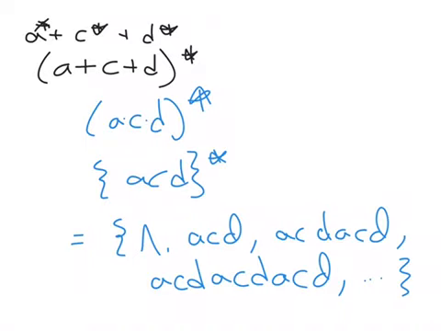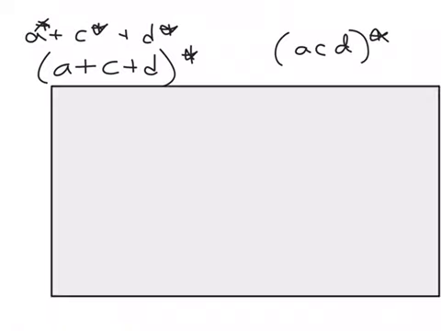All right, so let's try one last example. Let me just write down what we just did. We just did ACD, and that whole thing starred. Okay, and let's just do one more example, which is, what if I do A star plus C star plus D star, and the whole thing starred, right?